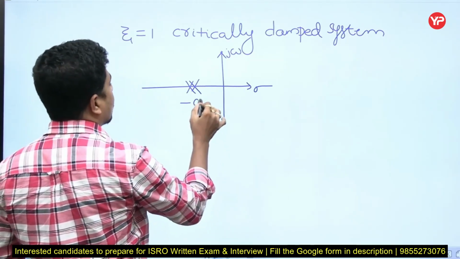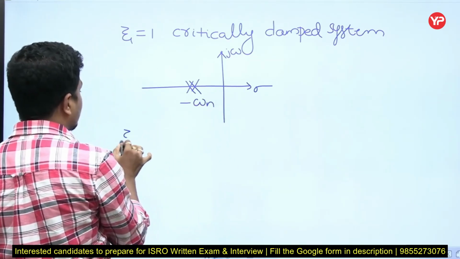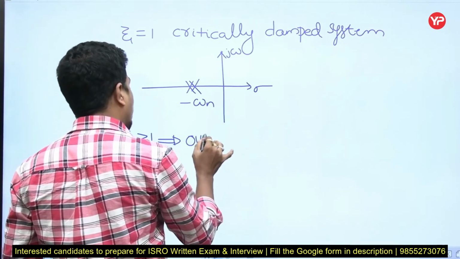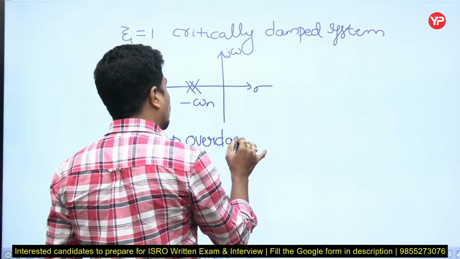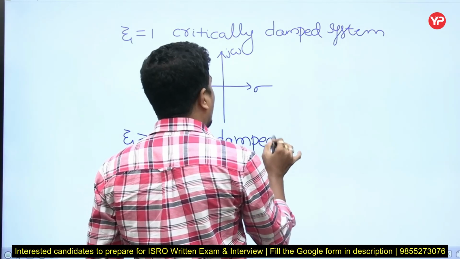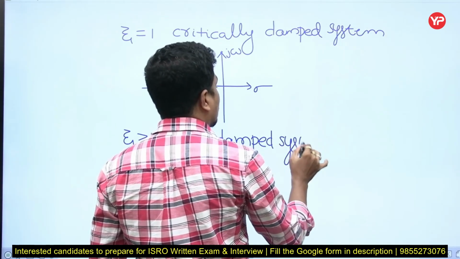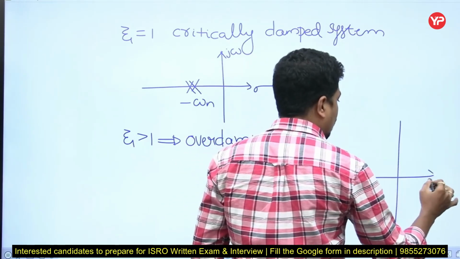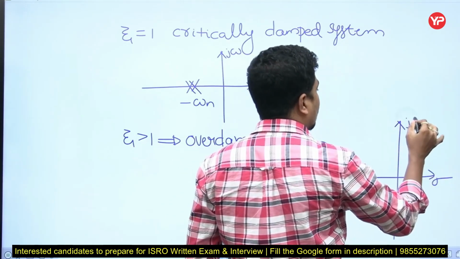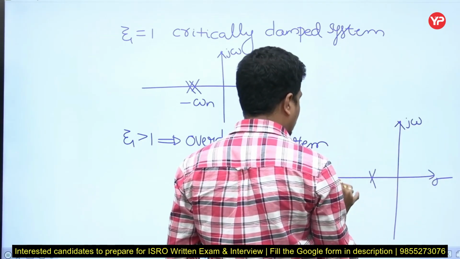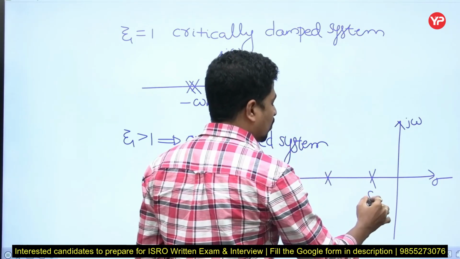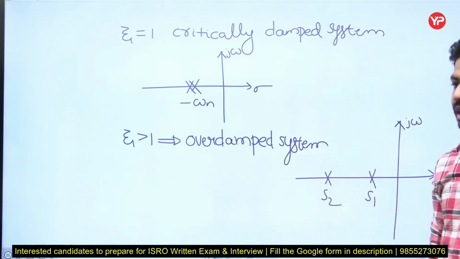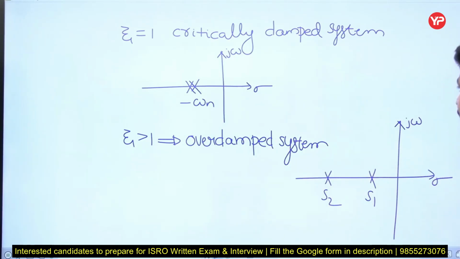This is minus omega n. Now if zeta is greater than 1, the system is called an overdamped system. Poles are real and unequal. This is S1 we call, this is S2 we call. This is about all possible cases of a second order system.